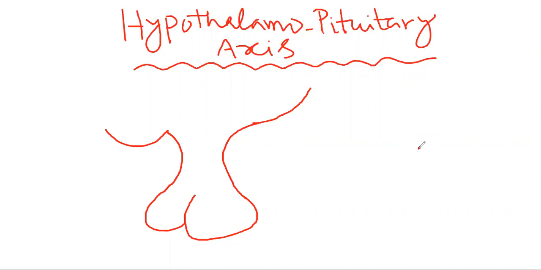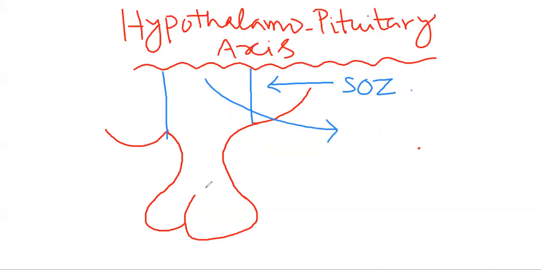Now, in this hypothalamic segment, there is a zone known as the supraoptic zone. The supraoptic zone is the first segment here, and another zone in this area is known as the tuberal zone. I think you remember this. So this is the tuberal zone.